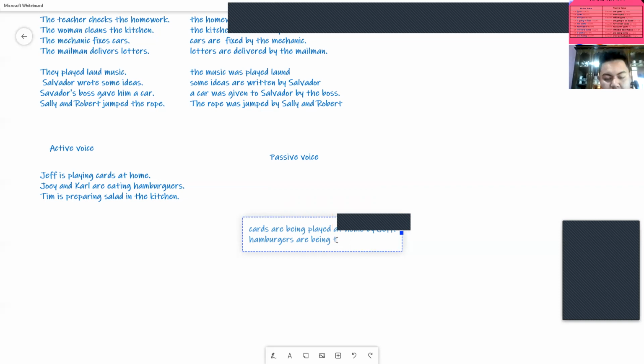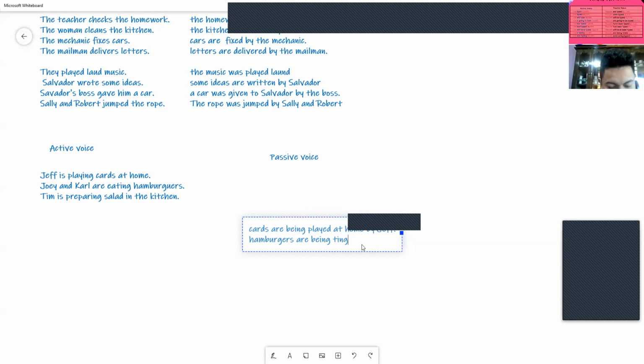A ver, ahí me dice estoy bien. No, no, no. ¿Cuál es tu verbo que estás haciendo? Comer. Ok, entonces, ¿cómo quedaría? No, pero ¿cuál es el pasado participio de eating?